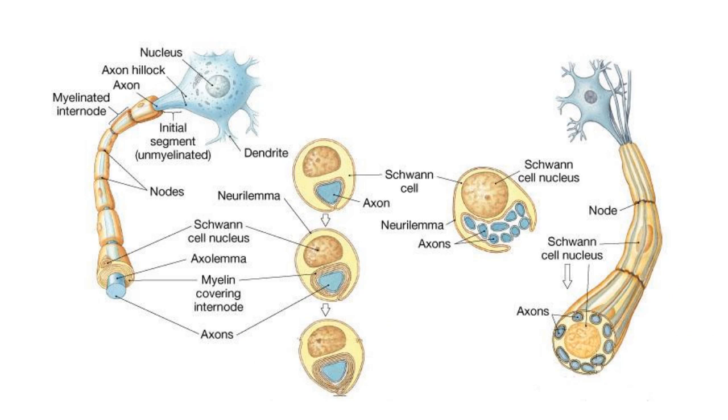So the final neuroglia cell that we would like to talk about is the Schwann cell. And again, we're still in the peripheral nervous system. And this is what's called a Schwann cell. A Schwann cell is also going to do what the oligodendrocyte did. It's going to myelinate the nerves.